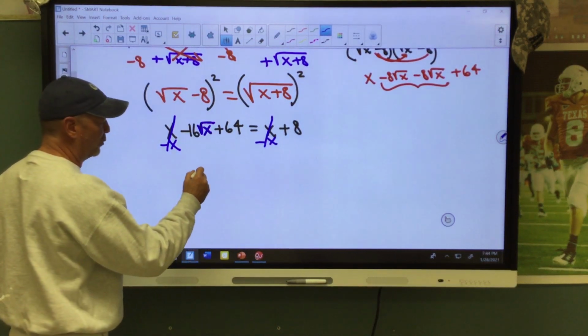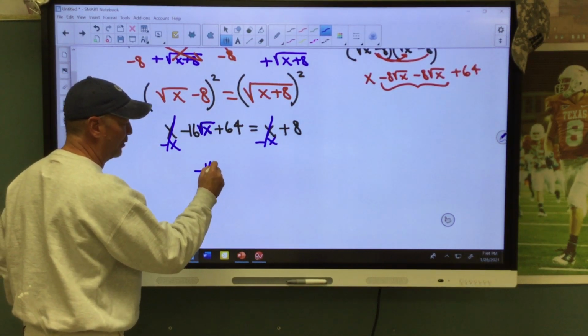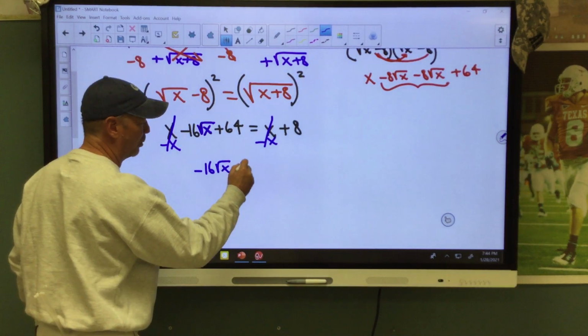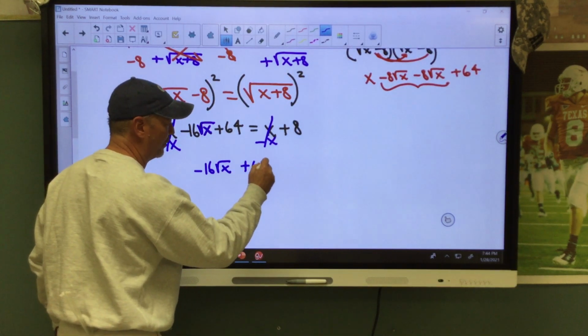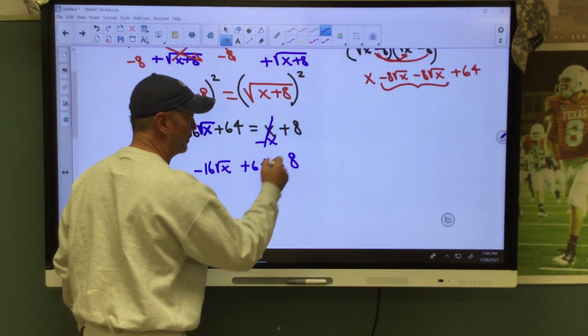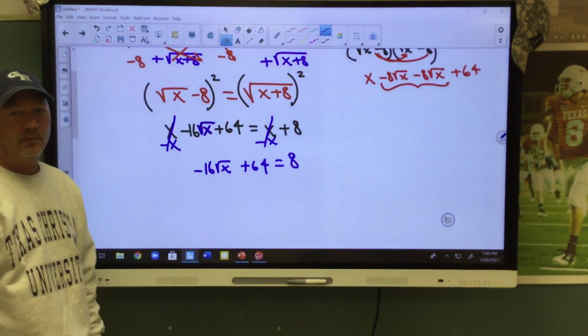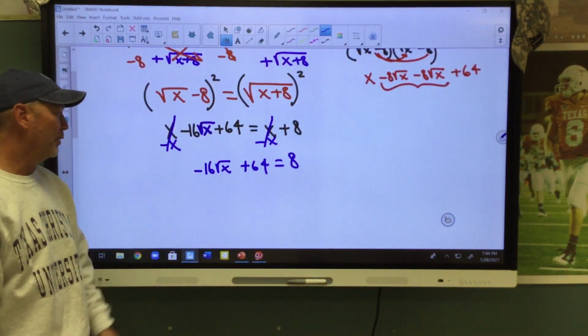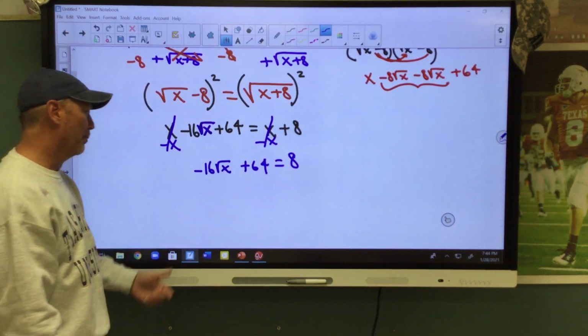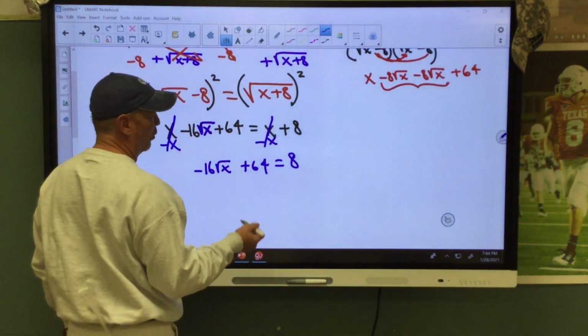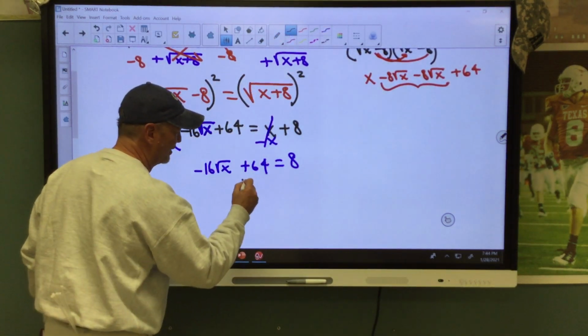And I'm going to be left with the negative 16 square root of x plus 64 equals 8. Okay? So now what do I do? Well, we're going to subtract 64.